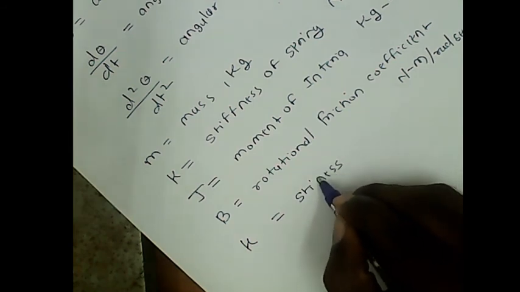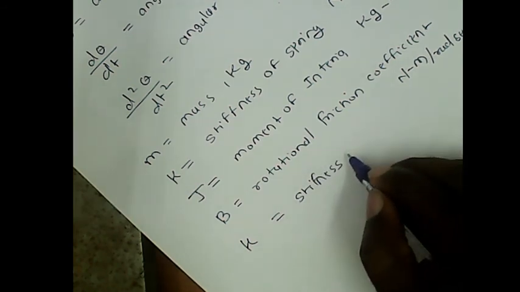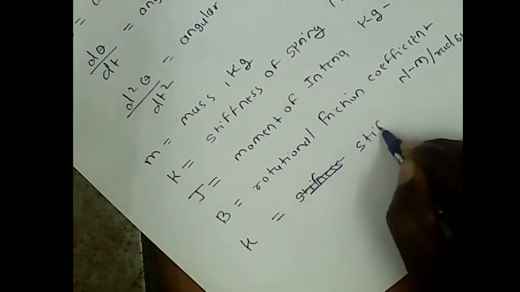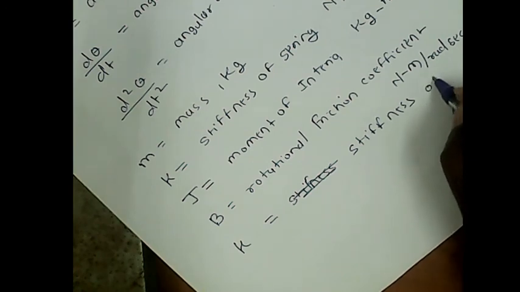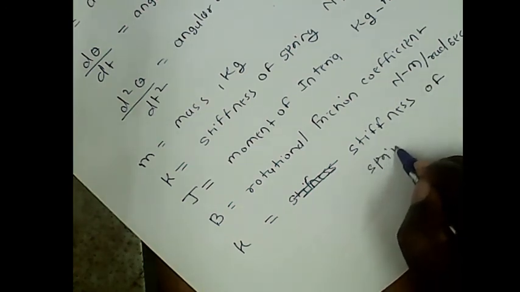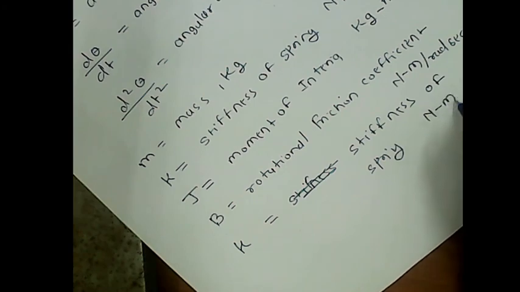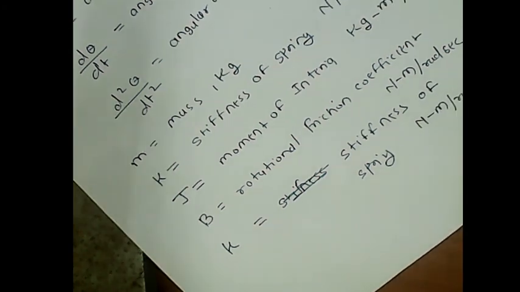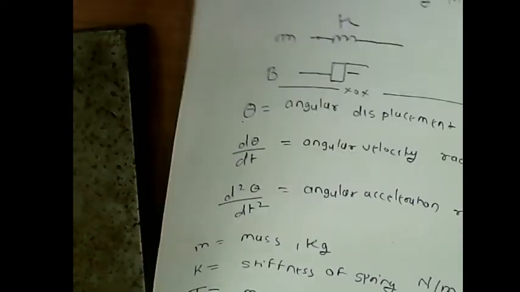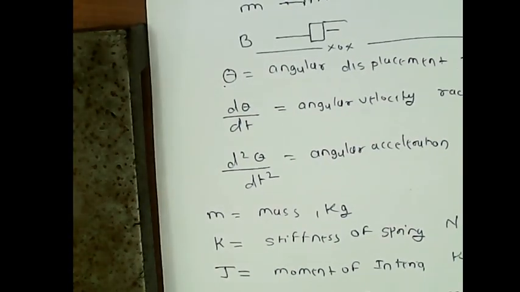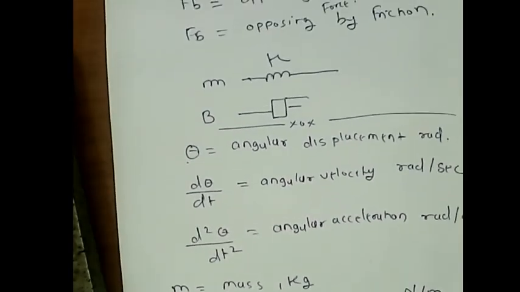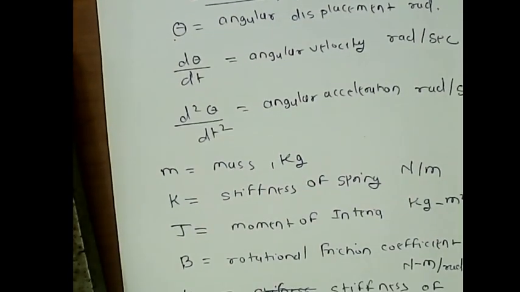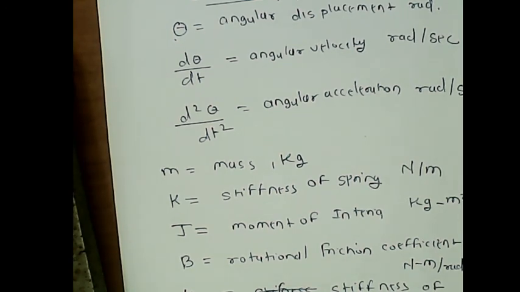Stiffness of a spring, the unit is Newton meter per radian. These are some basic terms which are very important from the exam point of view when dealing with the rotational mechanical system or translation mechanical system.